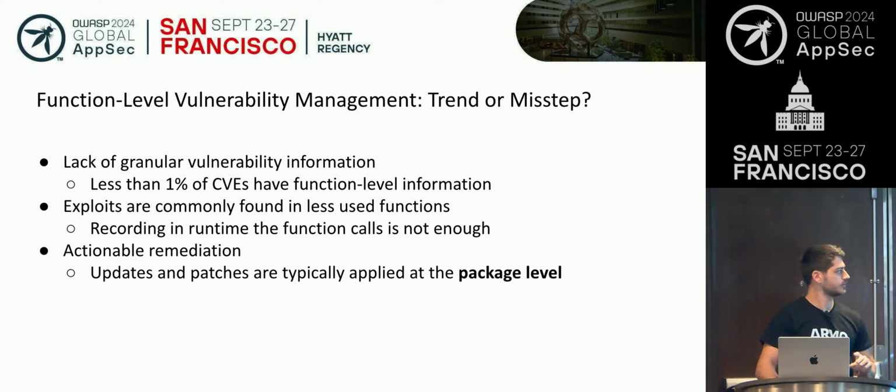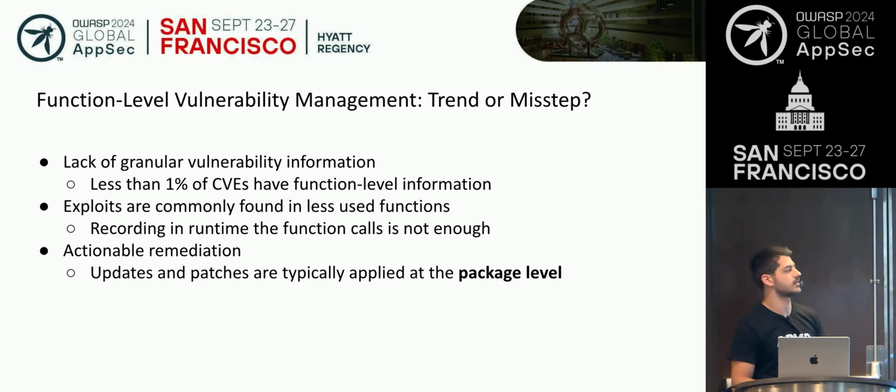I would say, though, that when you have function-level information on vulnerabilities, it can really help you detect when the CVE is being exploited. So if someone wants to execute Log4j, for example, and you can look at the functions, you can say in runtime, okay, someone is exploiting this vulnerability right now. But for using it to filter out vulnerabilities in advance, this is a mistake.